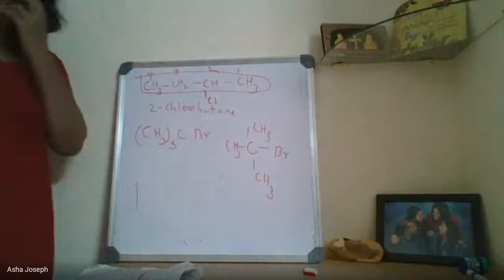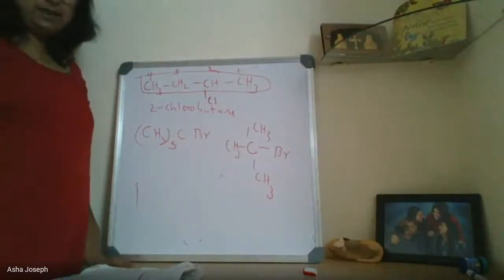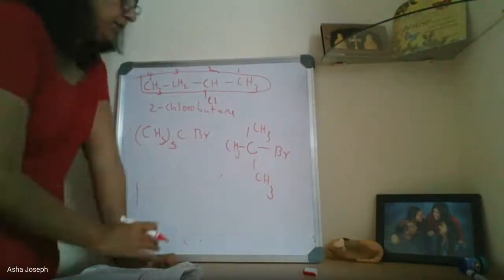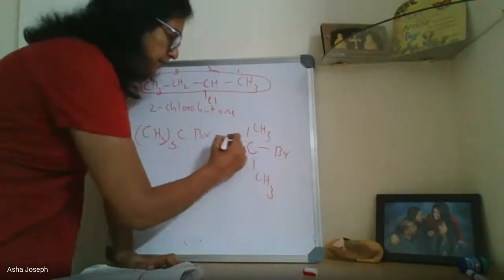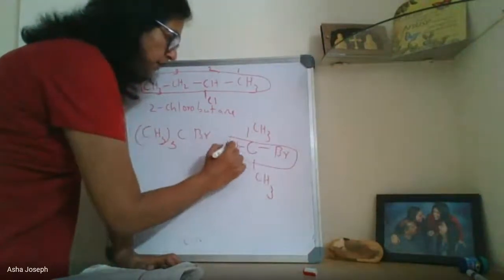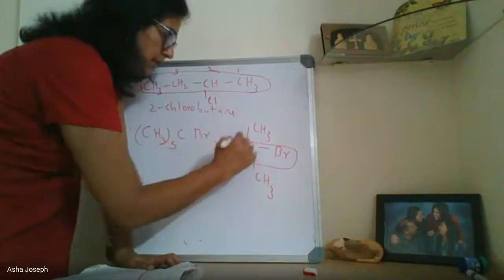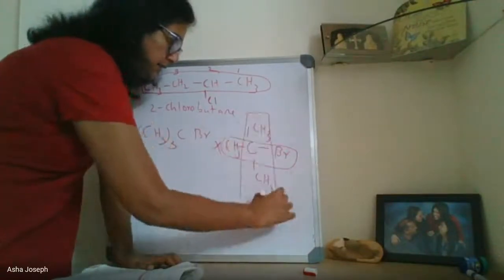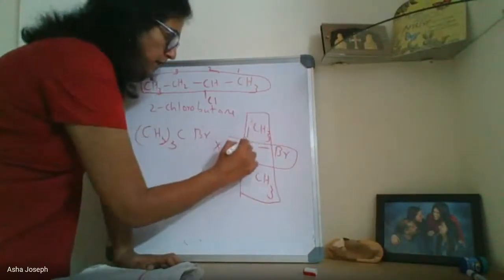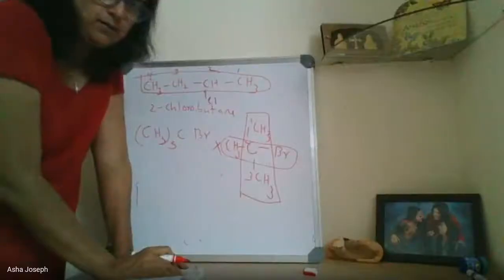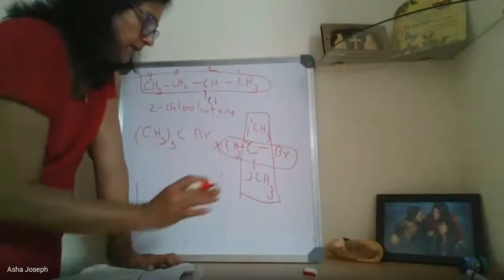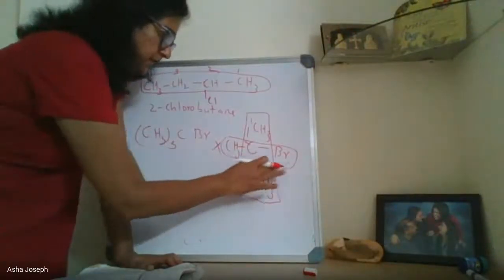Now correctly you can write the name of the compound. Now we have to select the chain. If I select this chain, how many? 1, 2. So this is not the chain. If I connect this chain, 1, 2. Ma'am, 2, 2. Wait, let me explain. So the chain is not this chain.